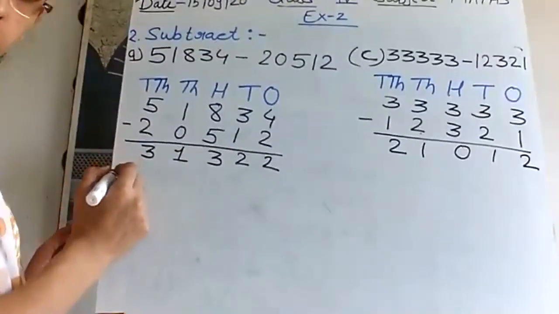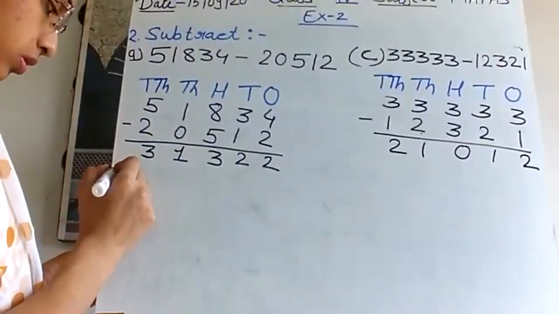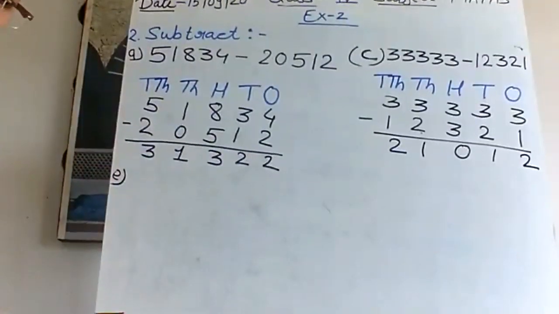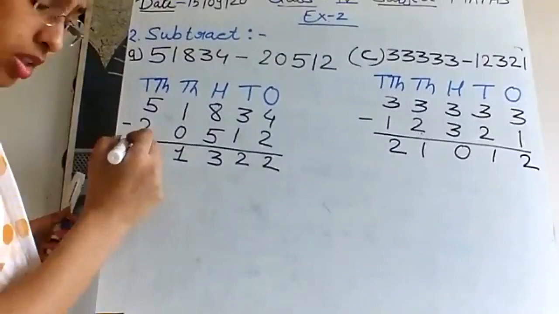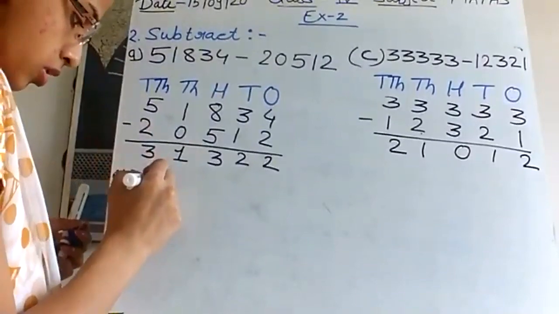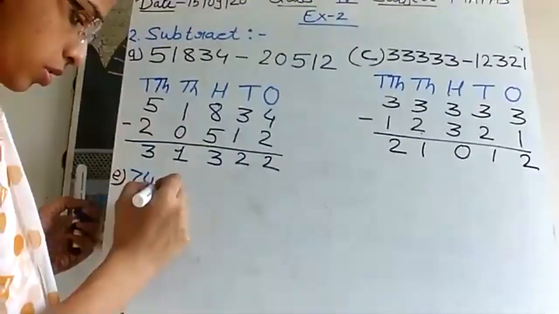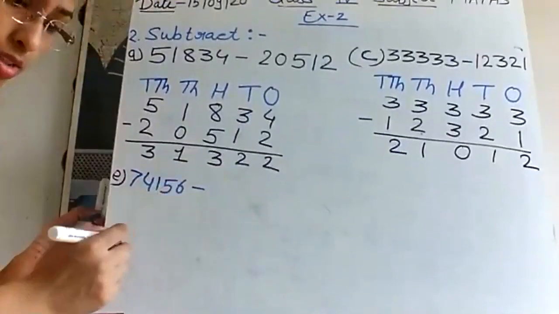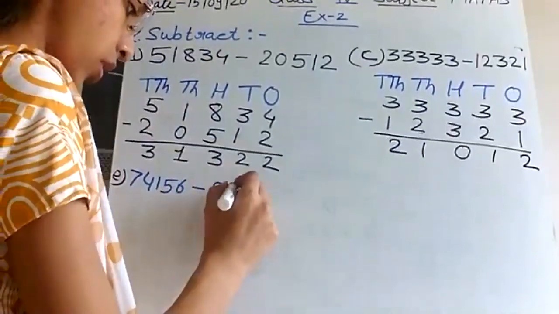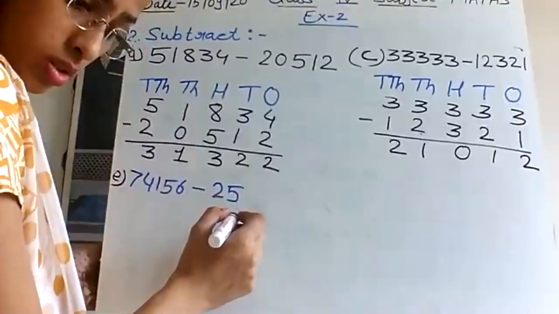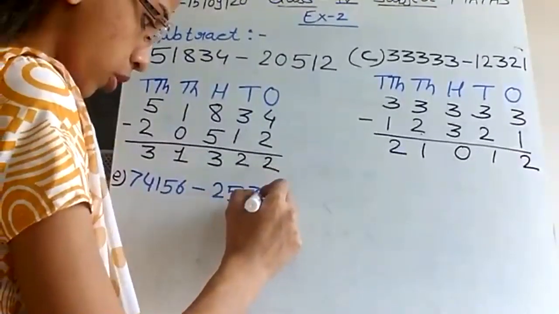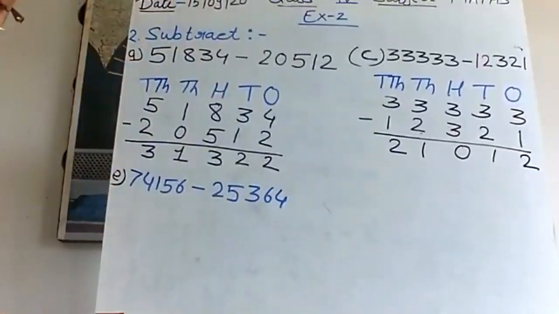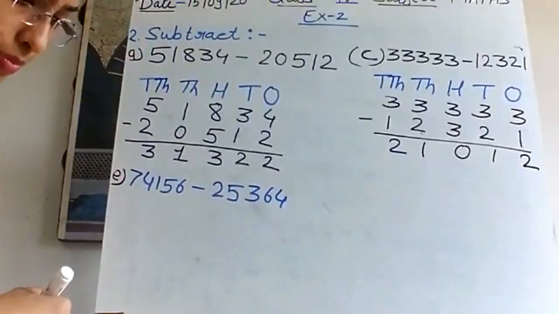Number E, the number is 74,156 minus 25,364. Arrange the number according to their place.